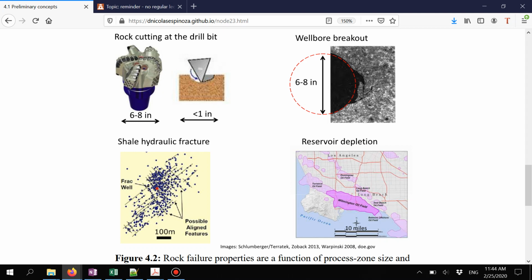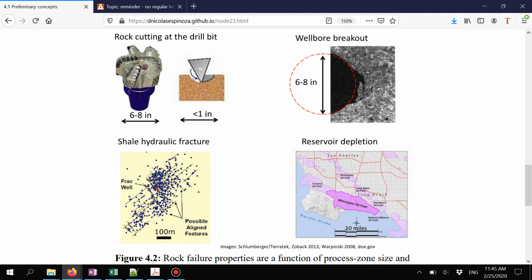In this case, on the bottom right, we have an example of reservoir depletion near Long Beach. In this oil field, the Wilmington oil field, there was significant depletion that caused compaction of this reservoir over a length, as you can see in the map, of more than 10 miles.